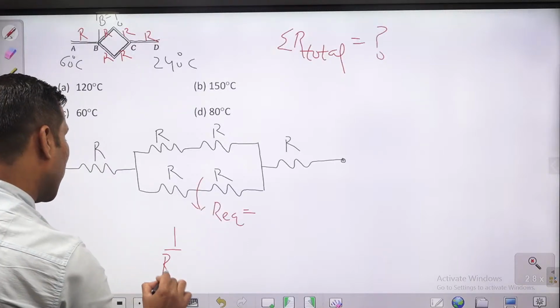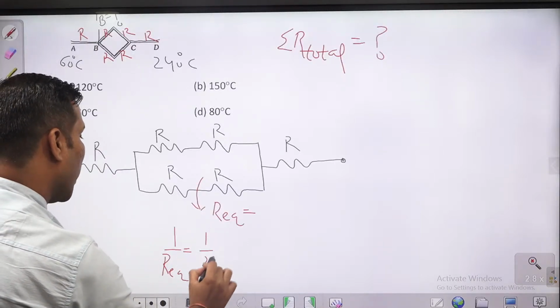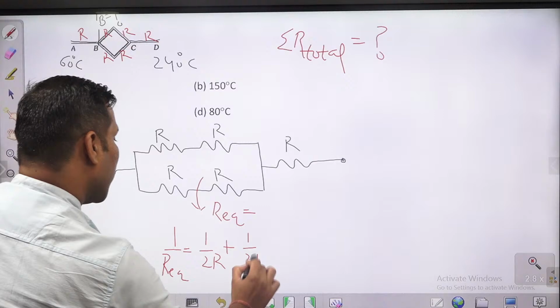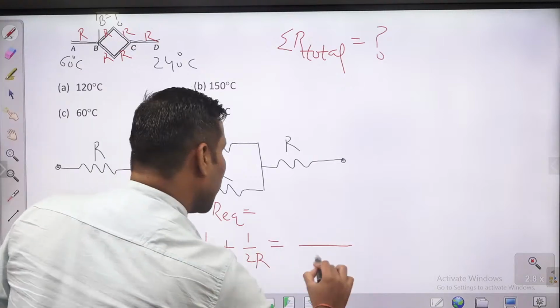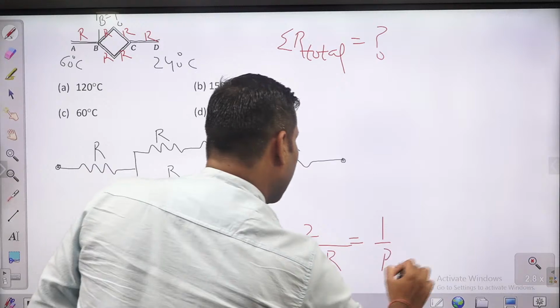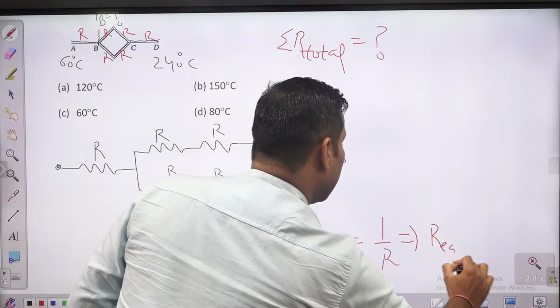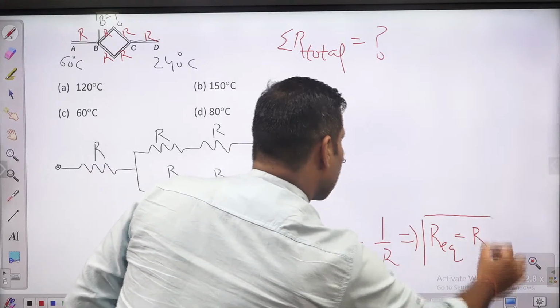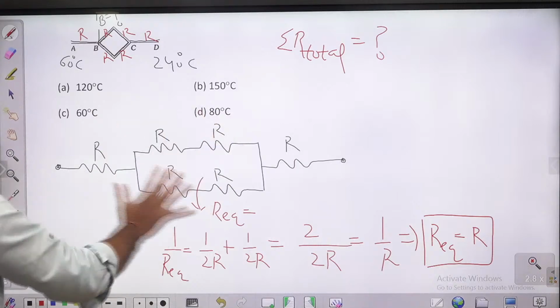1 by R equivalent is equal to 1 by 2R plus 1 by 2R. So it will be what, guys? 2R you can take LCM, so it will be 1 plus 1, so it will be 2, so it will be 1 by R. It means the equivalent of these resistance, guys, will be R only.